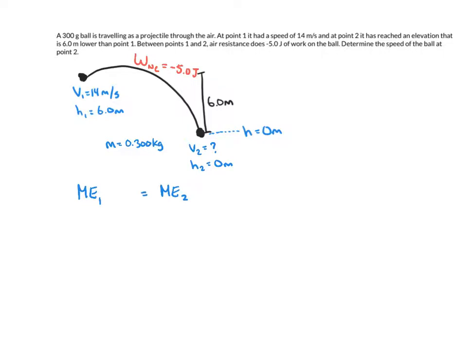But they're not equal, because of that negative 5 joules of work. And you've got to know which side that goes on. It goes on the side with the starting energy. So you take your starting energy, and then you add or subtract whatever the work was to that starting energy, and that's going to equal the final energy.